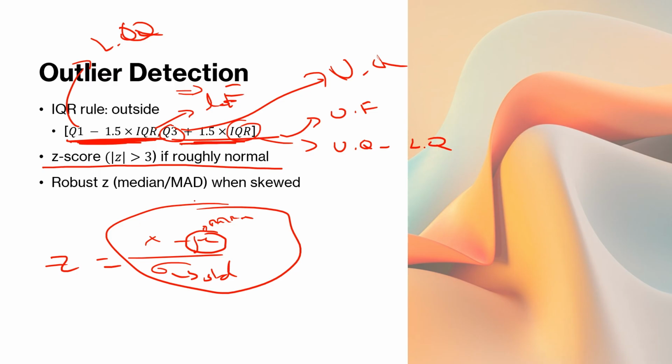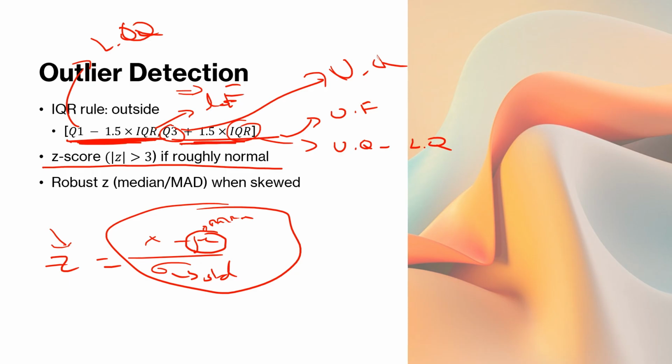But if the data is skewed a lot, it is not advisable to use this score, because some values will be wrongly detected as outliers when they are not necessarily outliers. So that's one of the issues that you have with the z-score. I'm not going to get into that too much.